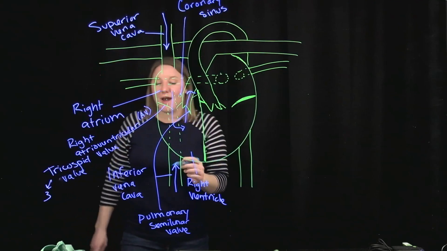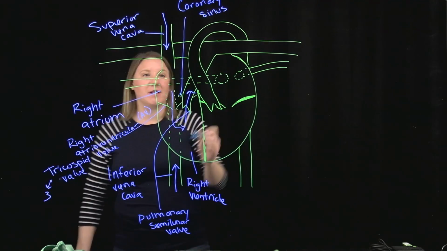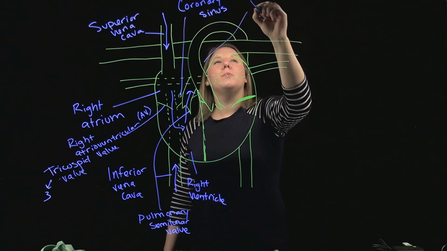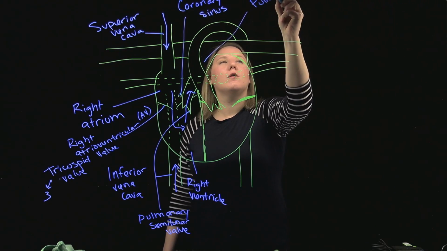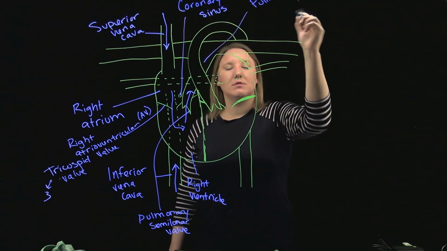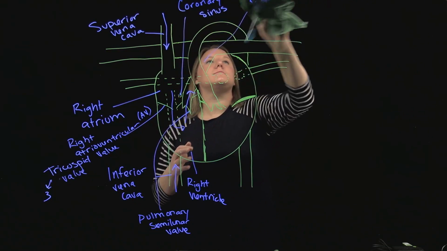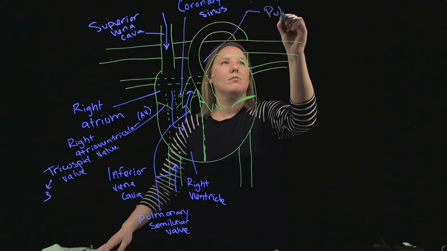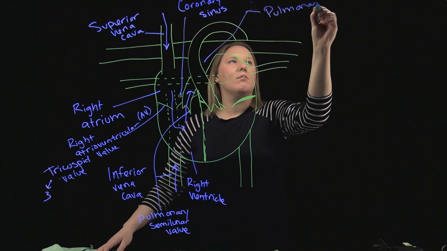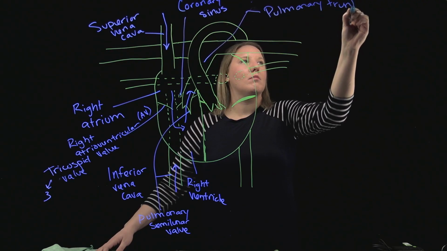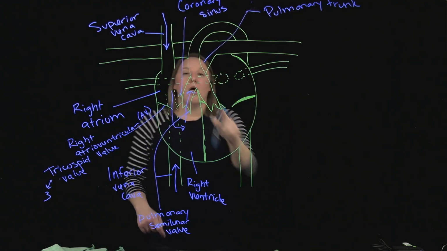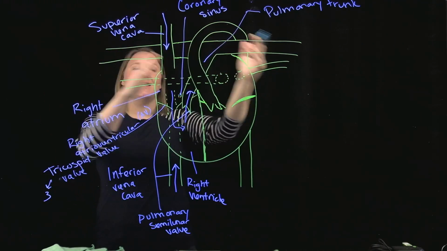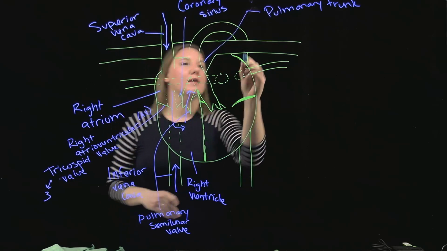And after it travels through the pulmonary semilunar valve, it's going to find itself in this vessel right here, which is the pulmonary trunk. The pulmonary trunk is going to split into a right and a left pulmonary artery.